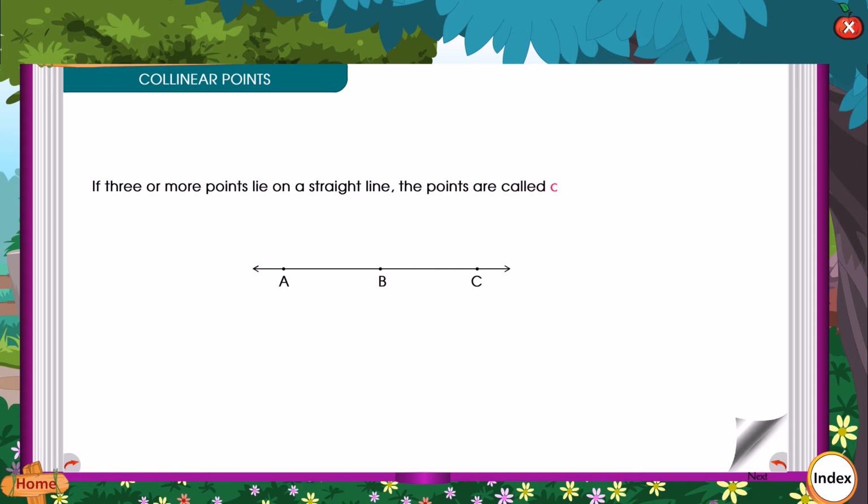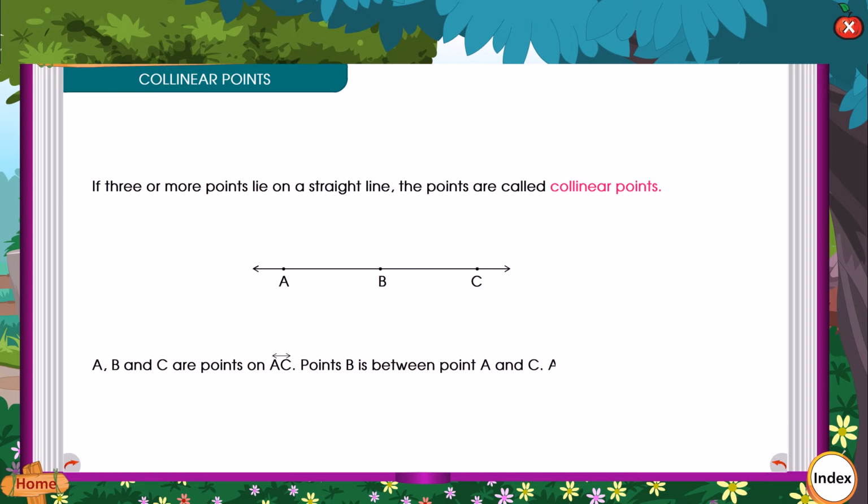Collinear points. If 3 or more points lie on a straight line, the points are called collinear points. A, B and C are points on AC. Point B is between point A and C. A, B and C are collinear points.